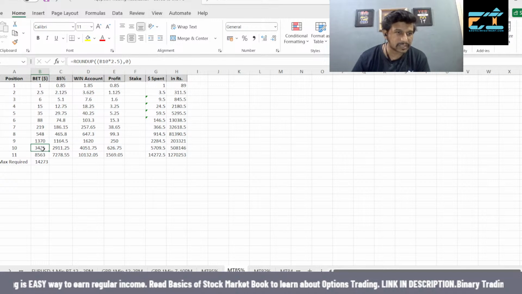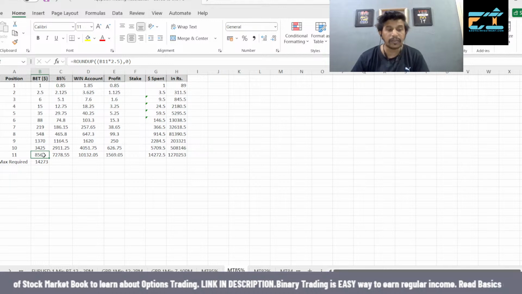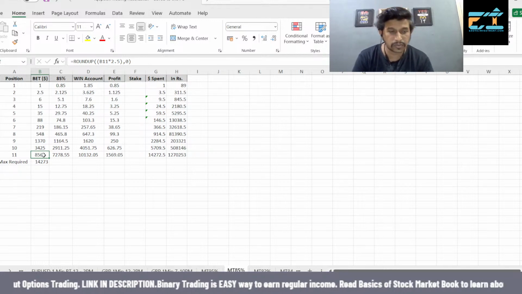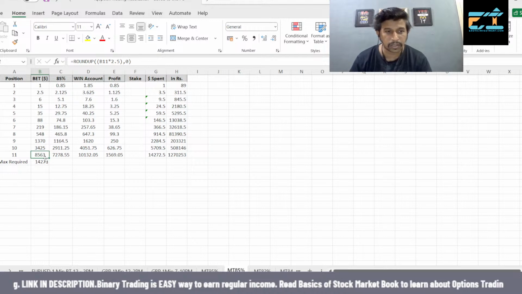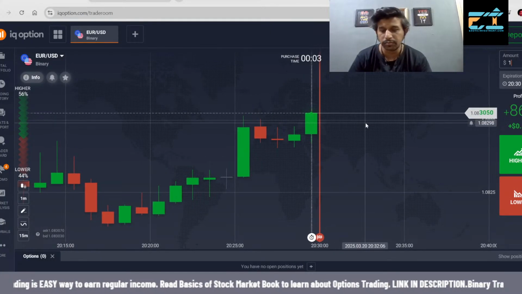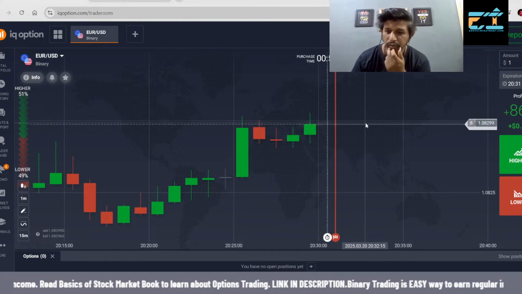Tenth position, I'm taking $3,425. 11th position, I have never been to the 11th position, but if the 11th position also fails, I'll wipe out the account. That is $15,000 gone. So we have to be very cautious.